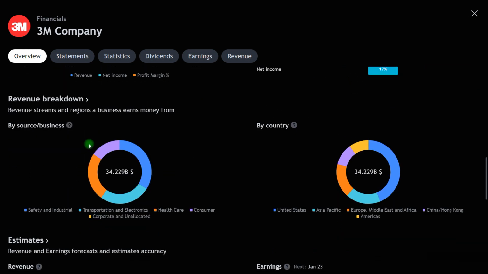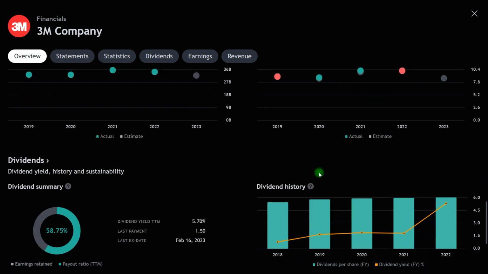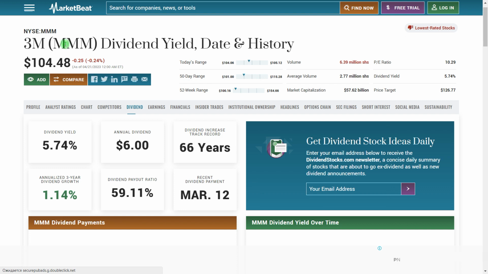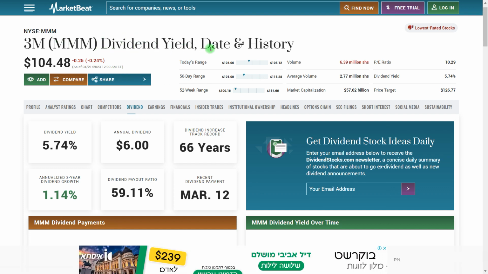The revenue breakdown, as I told previously: 33% the company earns in safety and industrial, and transportation and electronics give the company 26% of its revenue. The breakdown by country: in the US the company earns about 40%, and Asia Pacific about 18% of its revenue.